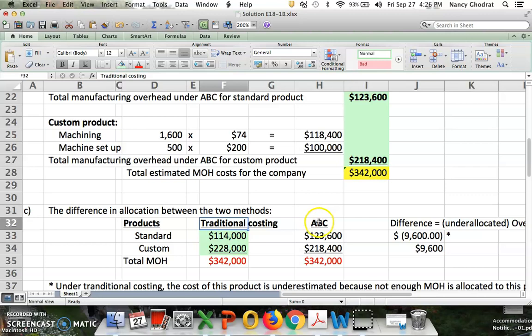However, the benefits of ABC are much higher if it will affect our product pricing in a meaningful manner, meaning that if the benefit outweighs the cost, it's better to do ABC costing.